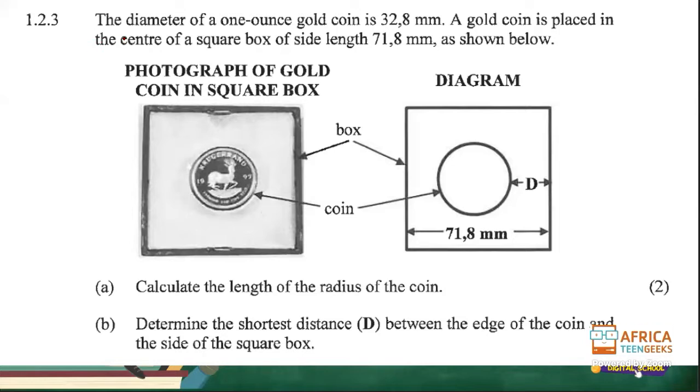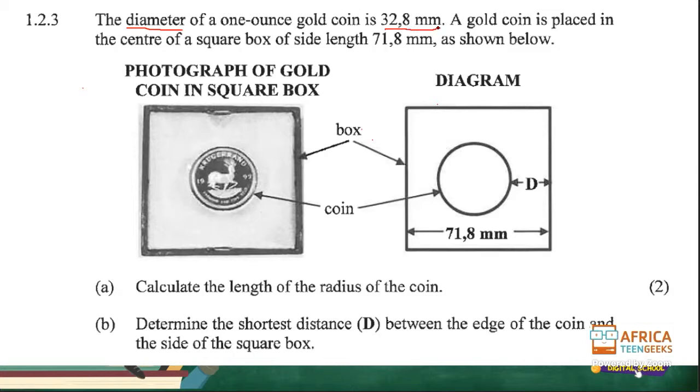1.2.3, it reads, the diameter of 1 ounce, right? Obviously, this is looking at the imperial system of measurements, right? The diameter, so what you do, you underline diameter and underline the value, right?